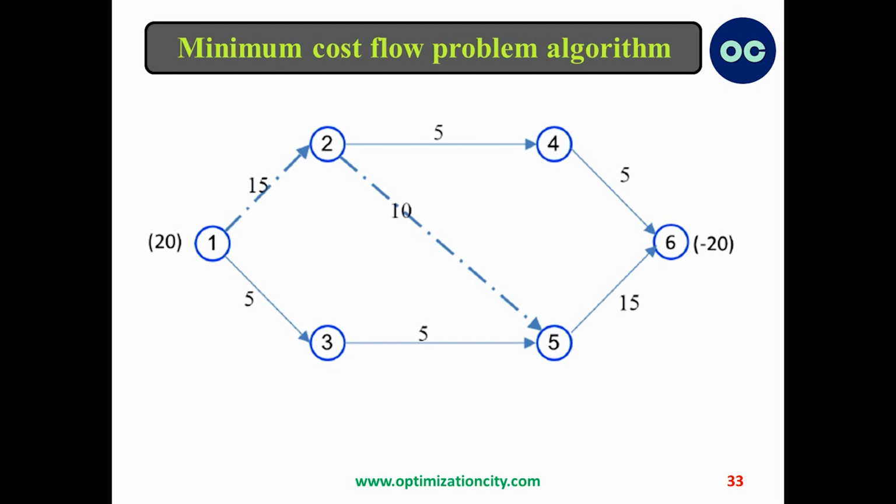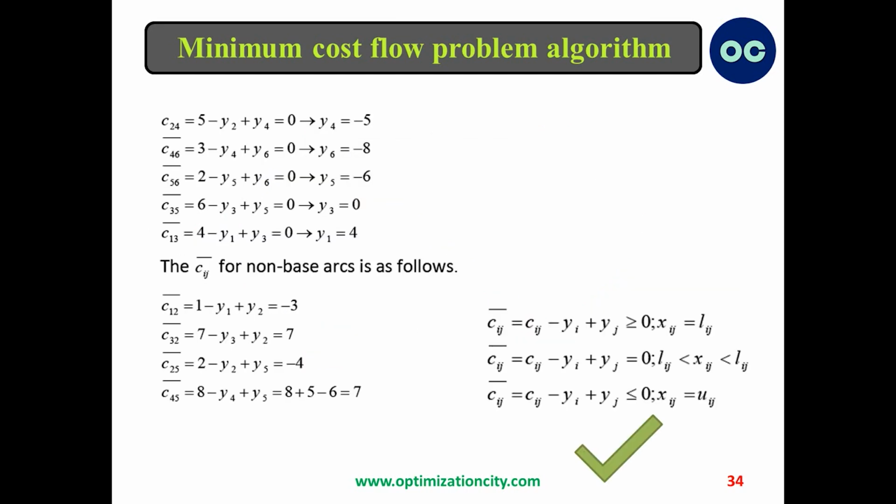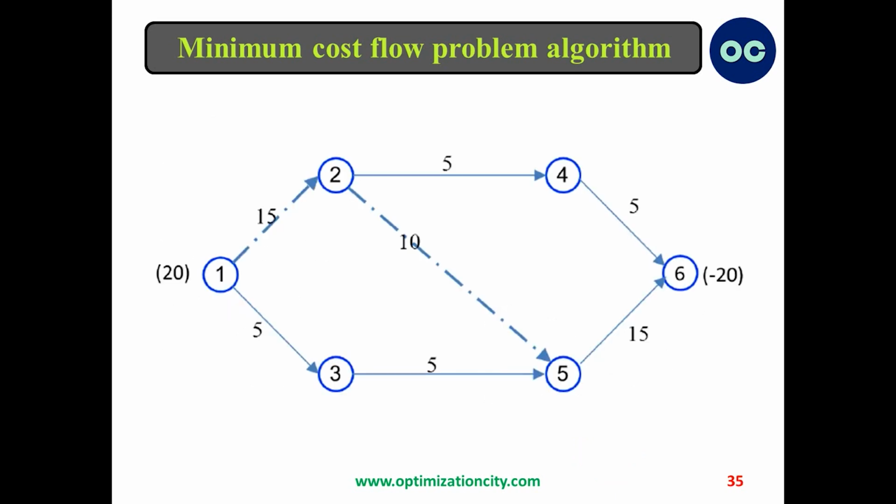Assuming again y2 is equal to 0, we can calculate the yi for all nodes and Cij bar for all non-basic arcs as follows. As you can see here, the optimality condition is met because Cij bar for all non-basic variables meets the optimality condition, indicating that we have reached the optimal solution with this network.